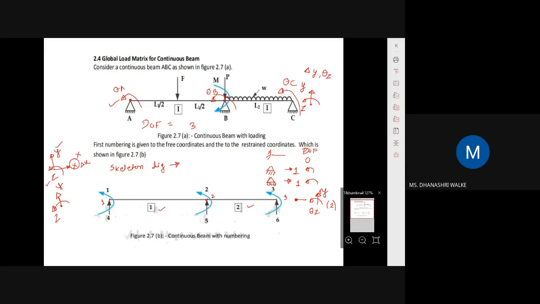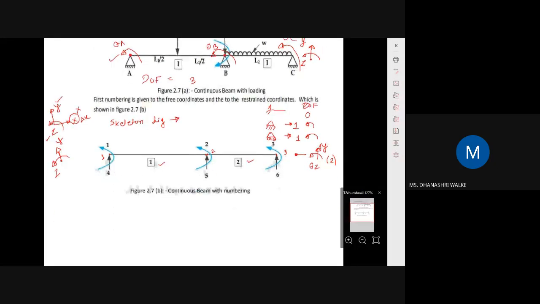Okay. Now, as the degree of freedom is 3, first you have to assign a freedom code where displacement is possible. Okay. And then for the remaining we assign a restraint code, and this coding we are giving in the global coordinate axis.